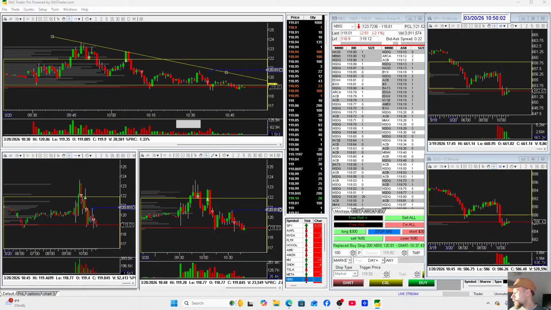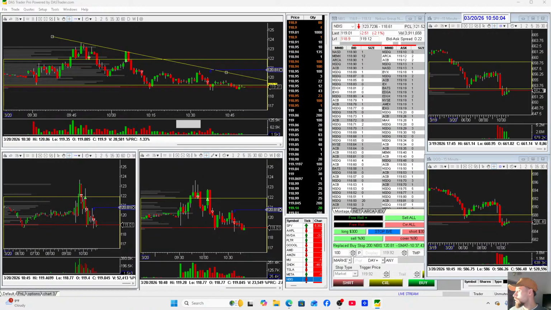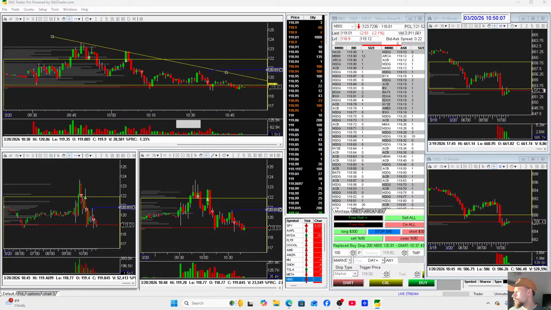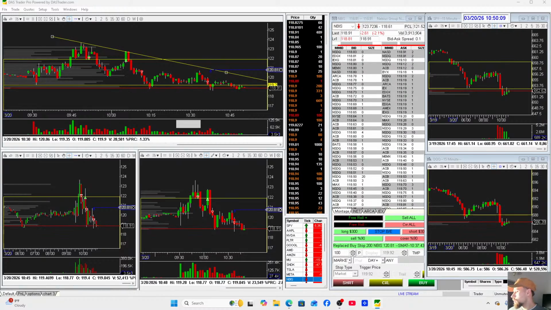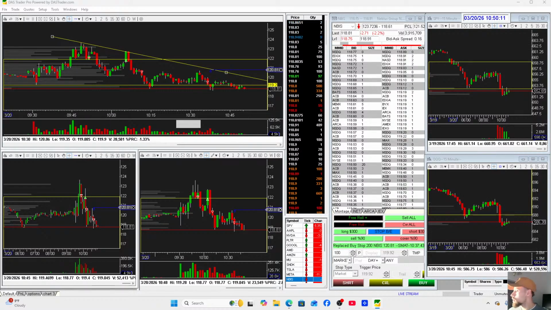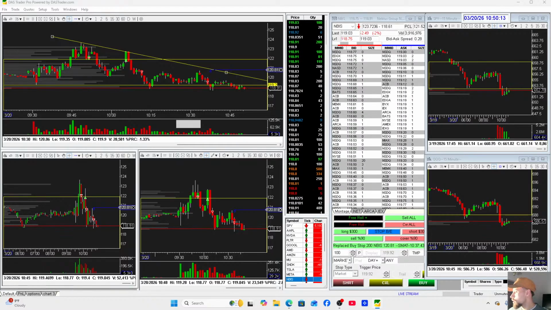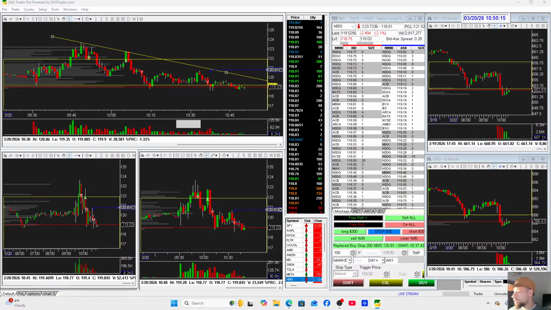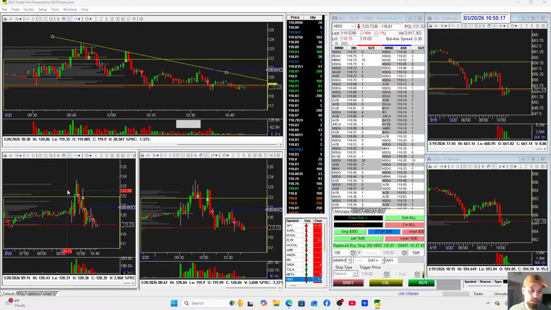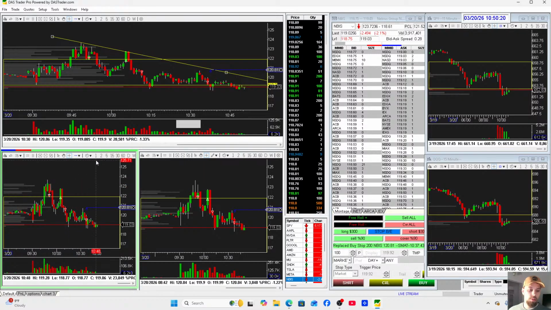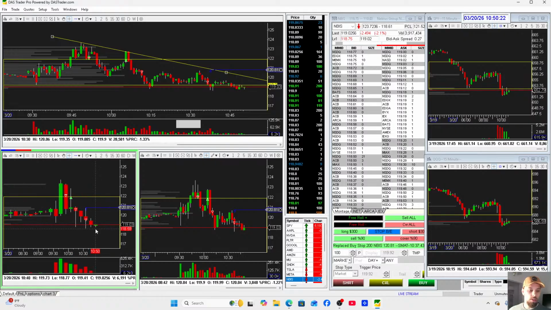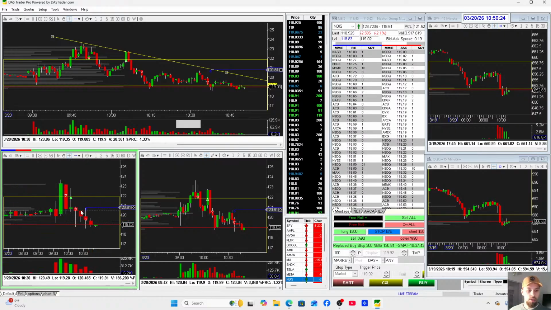Little fine details matter. 15-minute here, let's see. Let's look at the 10-minute. You look at the 10-minute chart here, making lower highs.